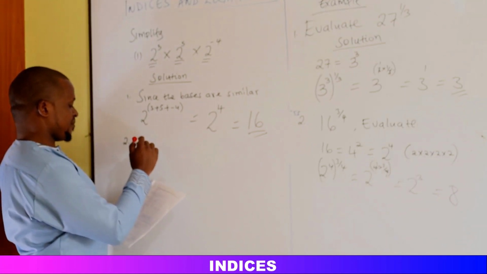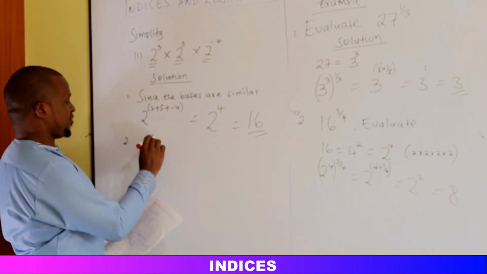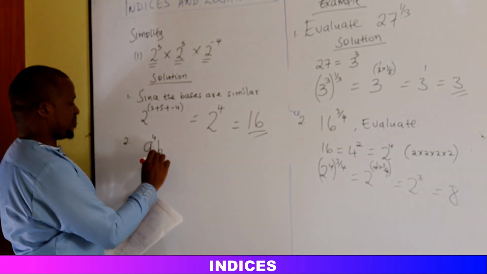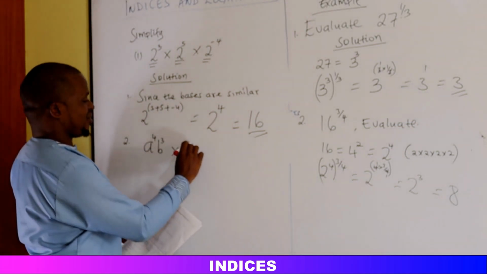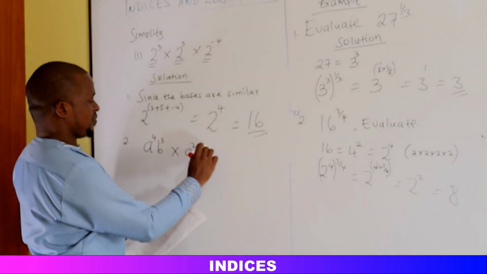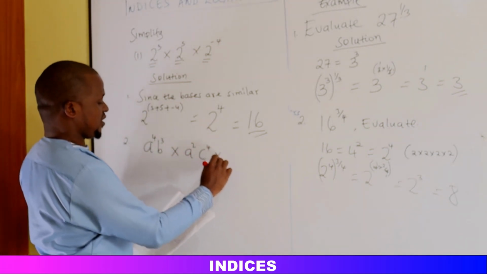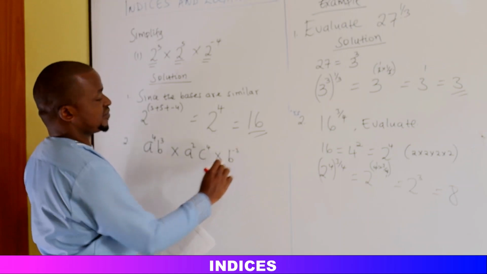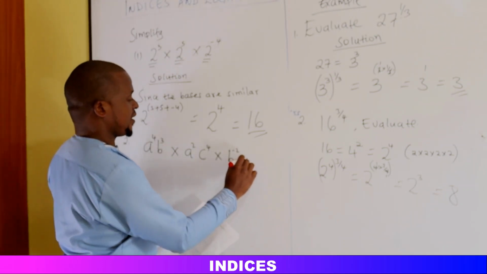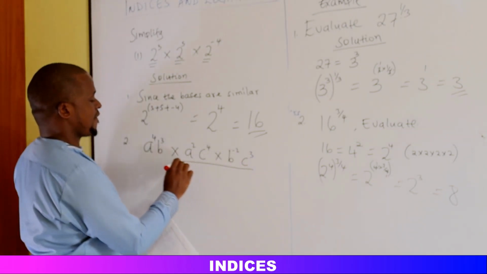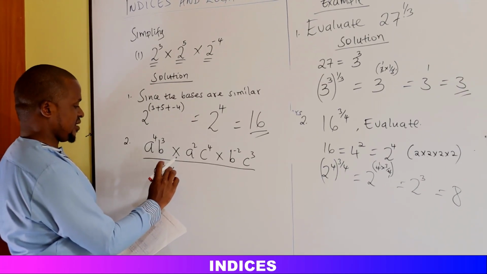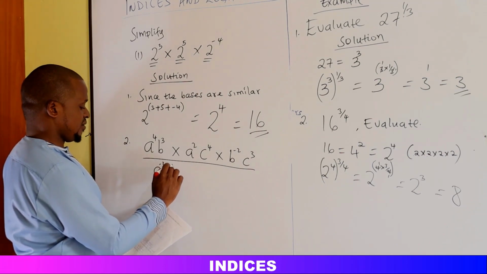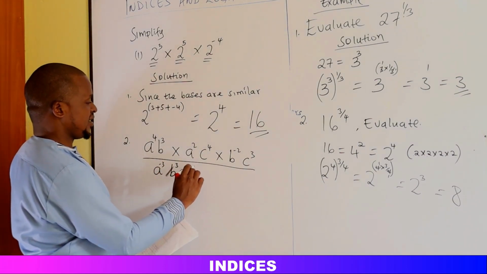If we have a power 4, b power 3 times a power 2, c power 4 times b power negative 2, c power 3, over a power negative 3, b power 3, c power 3.